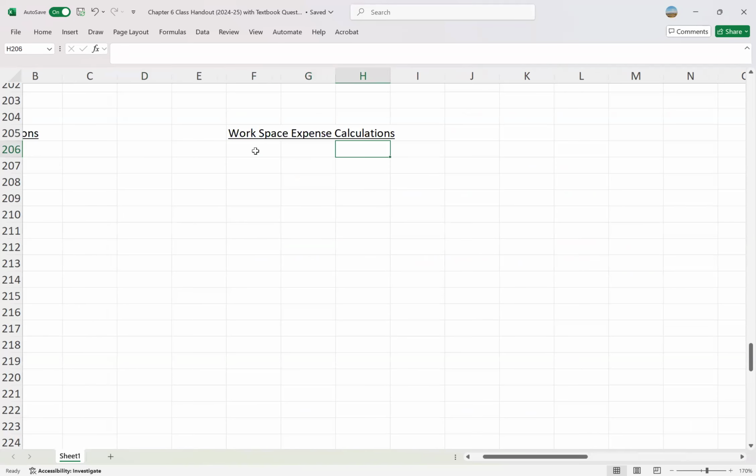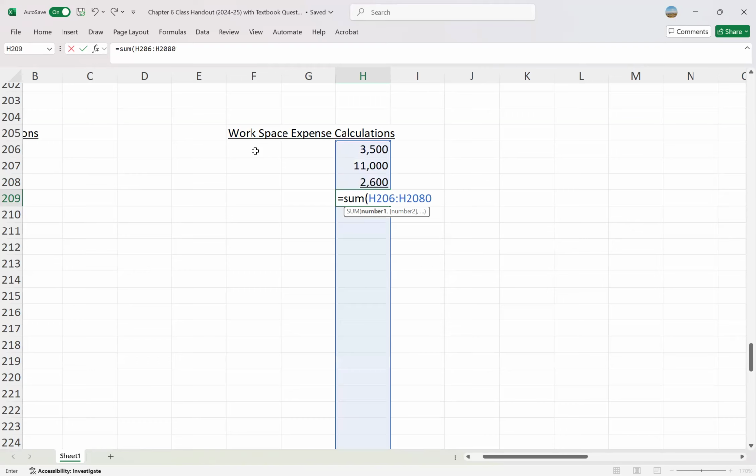So we have the utilities, 3,500, the mortgage interest, 11,000, the repairs and maintenance, 2,600. So the total is going to be 17,100.